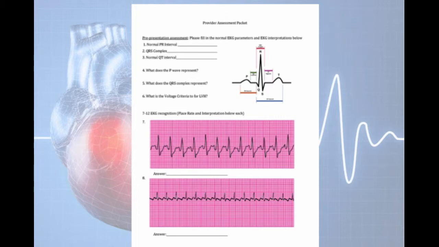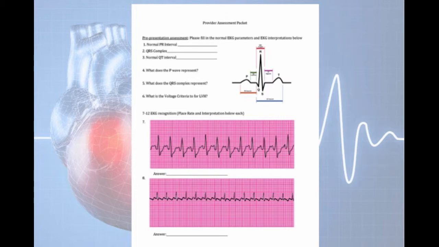There's a couple different ways to actually determine this, and one of them approved by Dr. Wewer is seemingly one of the easiest ways to find out if you have LVH. The S wave in V1 plus the R wave in V5 or V6. You can't choose both of those.